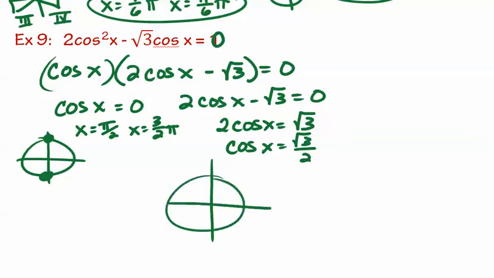And we want it to be the cosine. So can you picture that these are the 2 places on the unit circle where the cosine, the x-coordinate, is the long leg of a 30, 60, 90? So this would be at pi over 6. And in quadrant 4, it would be at 11/6 pi.